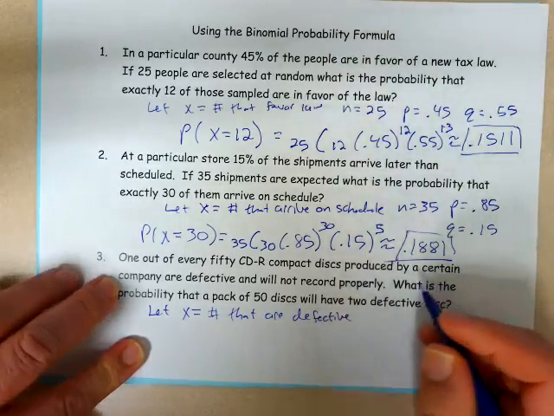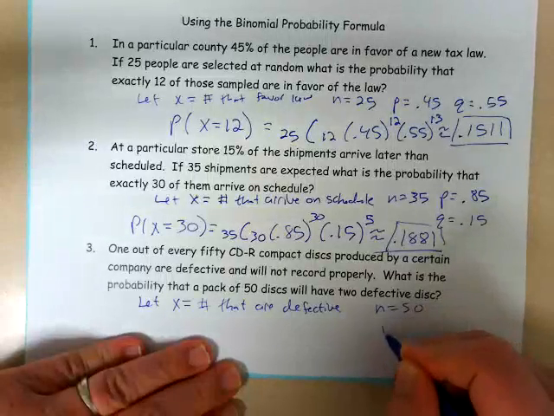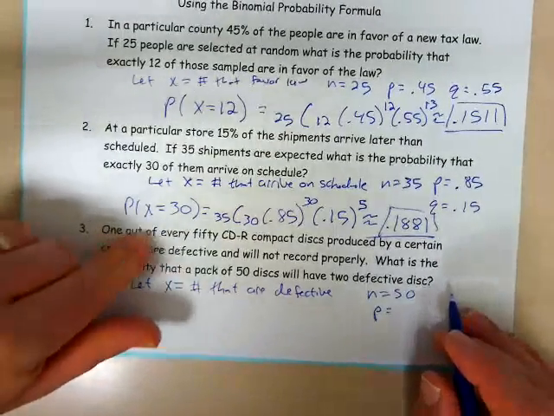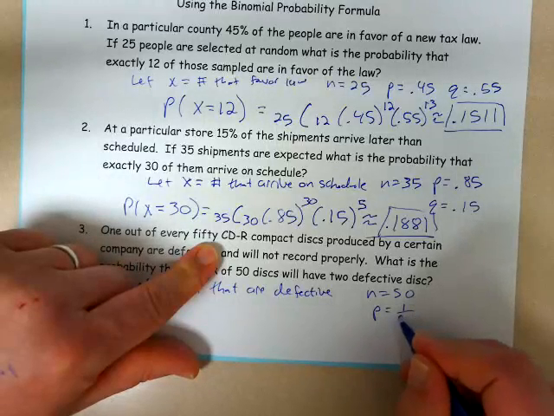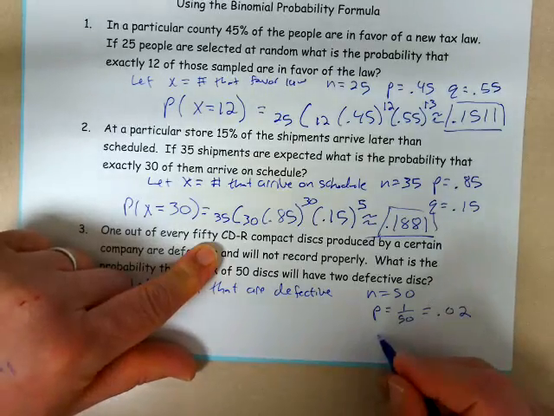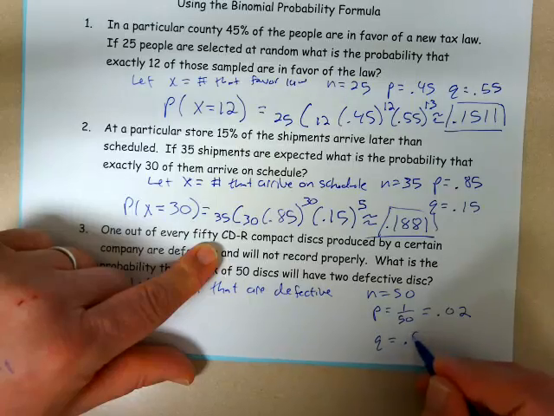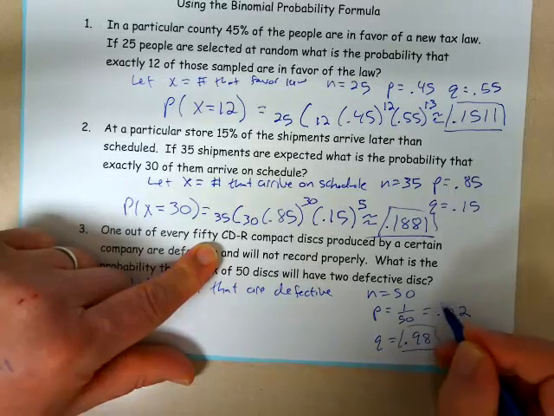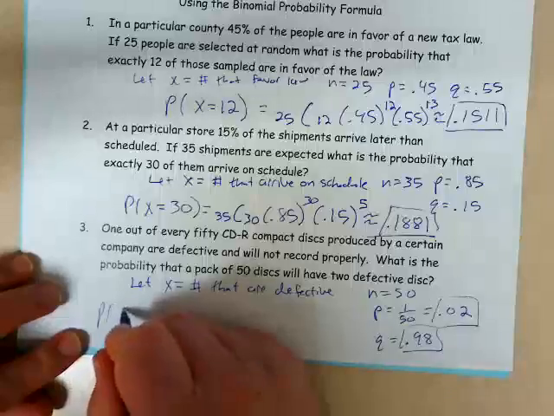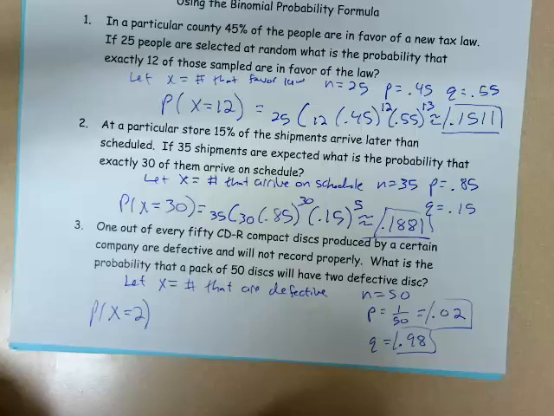In this case, the success is that it's defective, so n is equal to 50. P here is the probability that it's defective. Well, 1 out of every 50 are defective, so I get 1 out of 50, which is 0.02. Q would be the probability that it's not defective, which is 1 minus that, 0.98. So that's my P and Q. Then I want to find the probability that exactly 2 of them are defective.